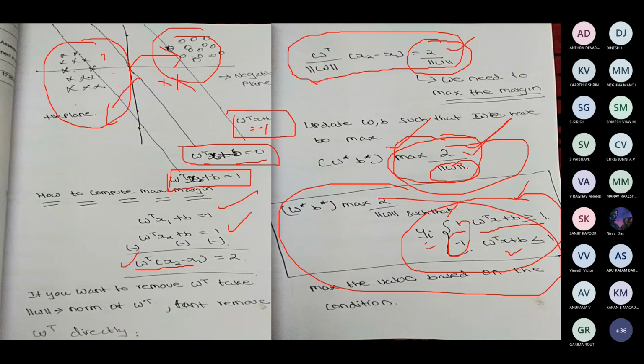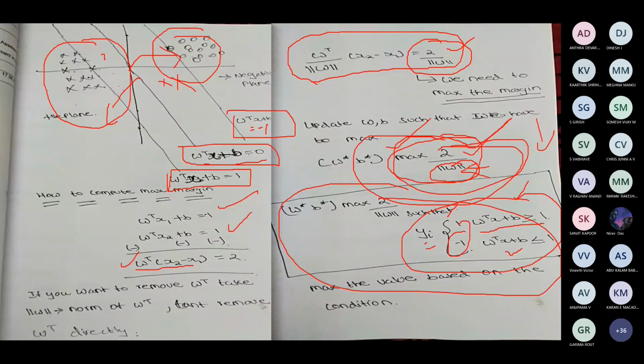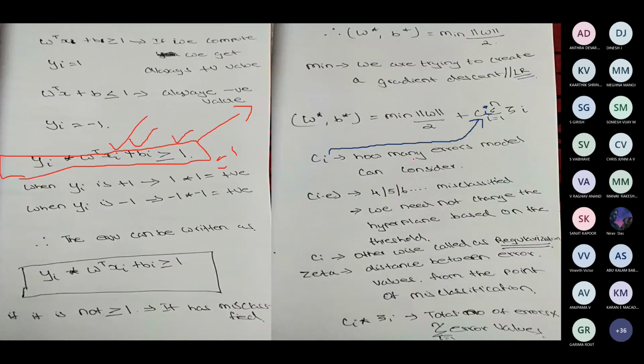But when you maximize this norm, the entire margin will be minimized. So our aim is to minimize this such that the margin can be maximized.